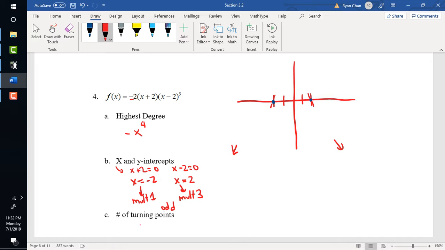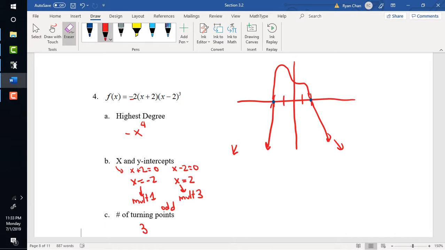I should have at most 3. Maybe it might look something like this, or maybe not. But at most, we should have 3 turning points. We can make a guess: maybe it goes like this, and changes something like that right there.